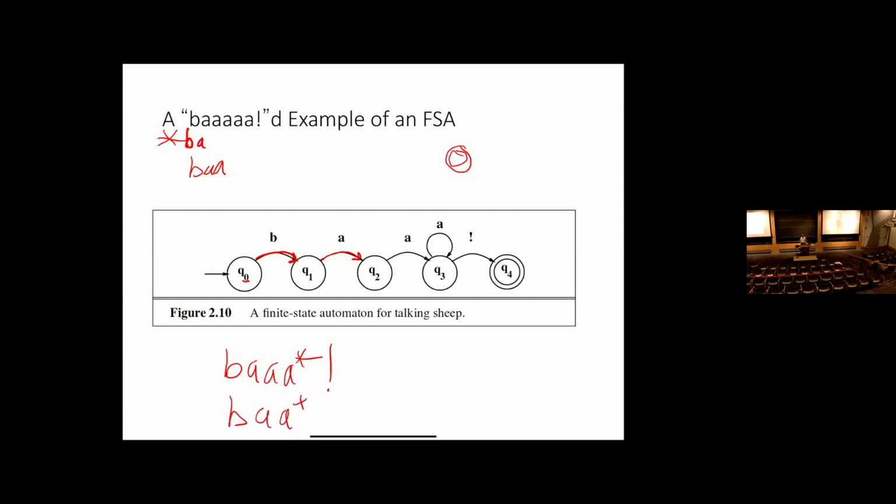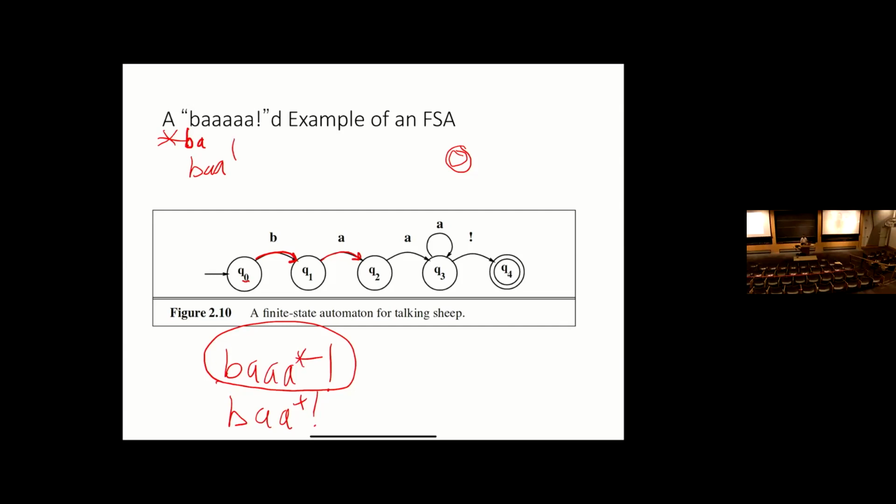If you're using Python style regular expressions and you have a separate plus quantifier. But this is the proper way. So any string that is matched by that regular expression will also be accepted by this FSA.